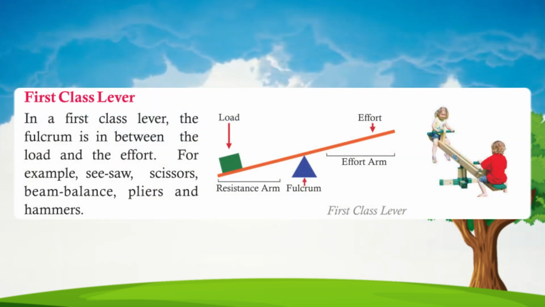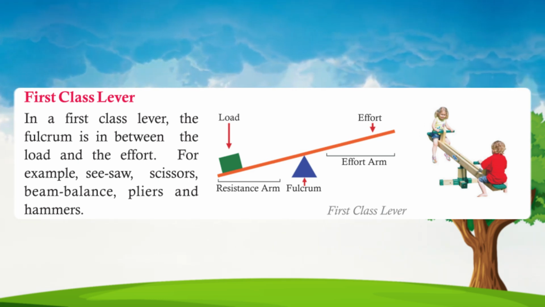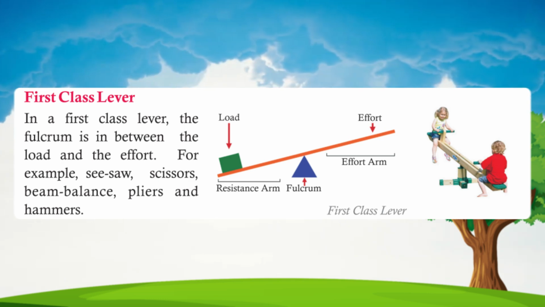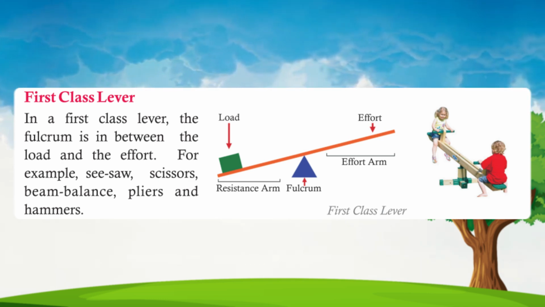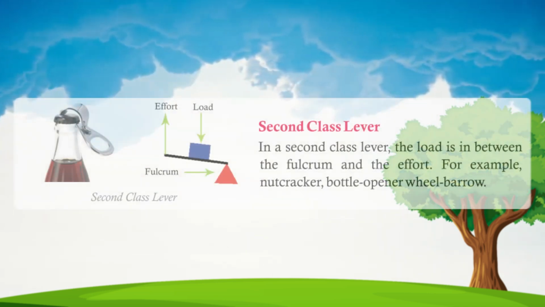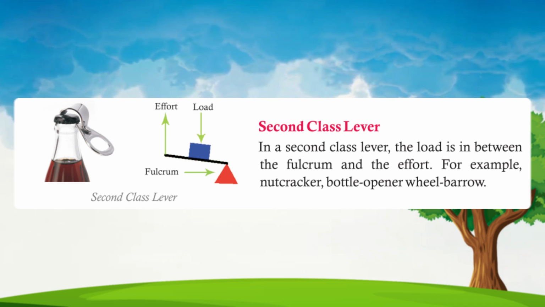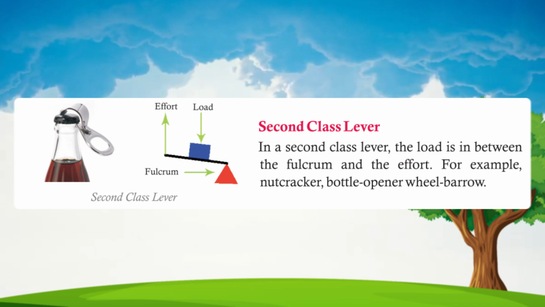First-class lever. In a first-class lever, the fulcrum is in between the load and the effort. For example, seesaw, scissors, beam balance, pliers and hammers. Second-class lever. In a second-class lever, the load is in between the fulcrum and the effort.